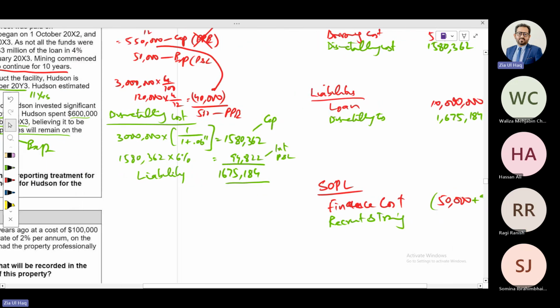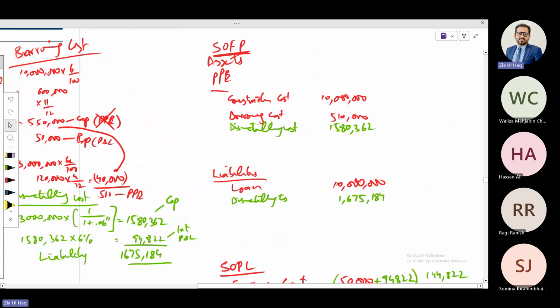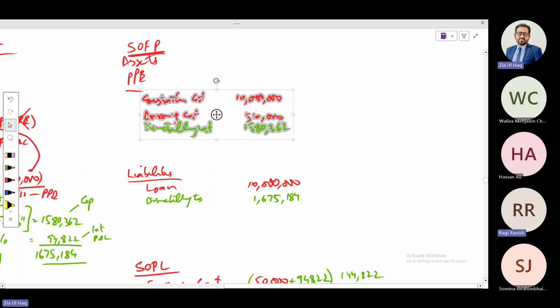And now we need to discuss how we should charge depreciation under property, plant and equipment. I'm taking this as a working.